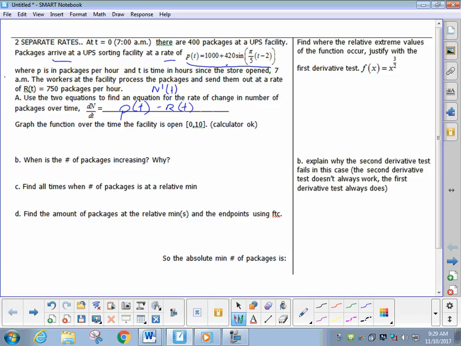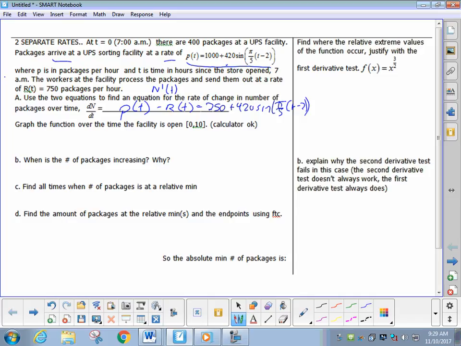If you were to graph this, the original graph is 1,000 plus 420 sine. I wish I was 1,420. Actually, the net rate is 250 plus 420 sine.